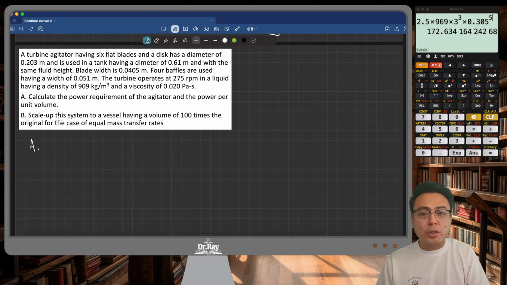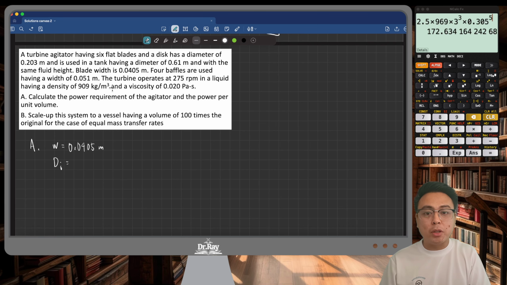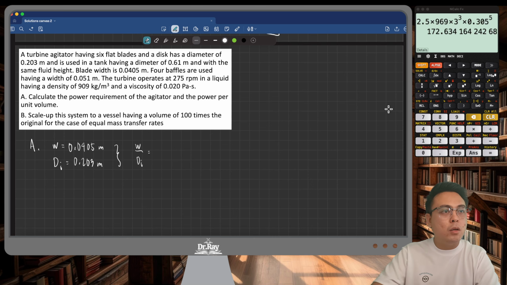Okay, some important information that we're going to use. Of course, we need the blade width. The blade width was given, and that is 0.0405 meters. And we are going to use that in conjunction with the impeller diameter, which is 0.203 meters, in order to get the ratio W over D sub I. Let's check.